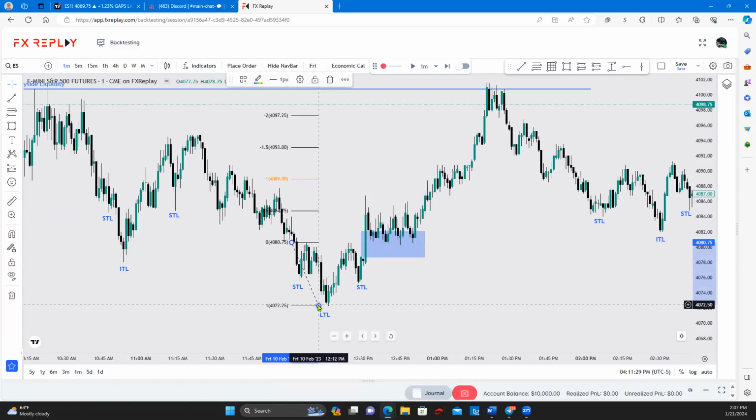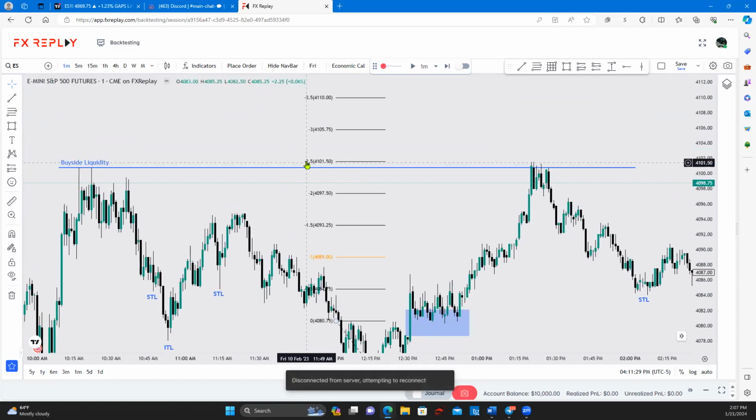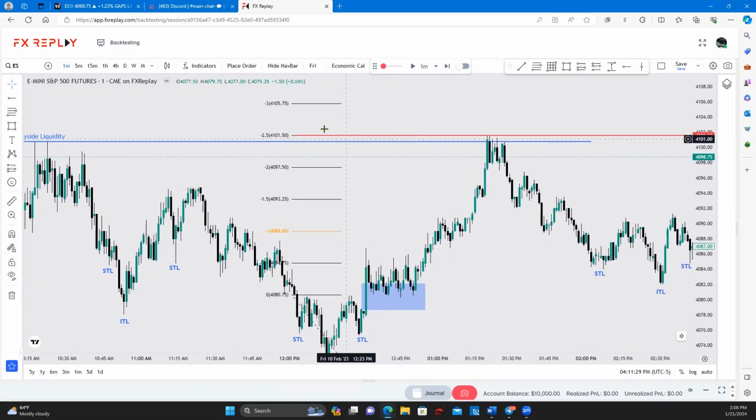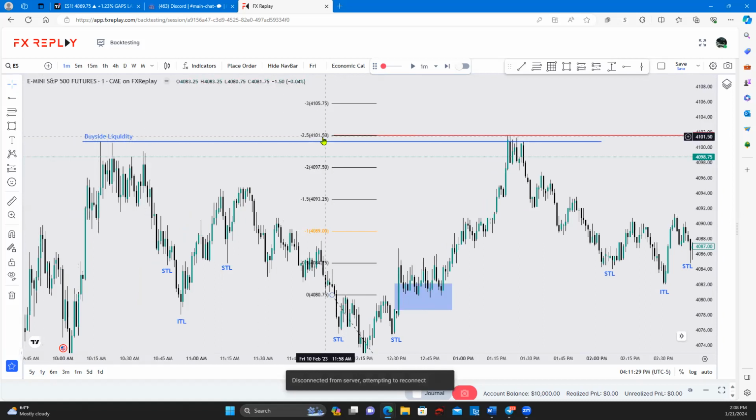So the next standard deviation above buy side, which is 4101.50. Okay. So if we make a line there, we can see one standard deviation above buy side liquidity here is 4101.50. Okay.